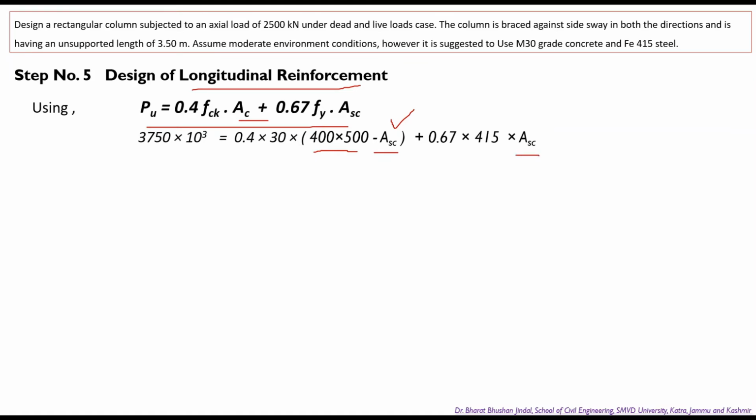By solving this particular equation, which is equation A, we can easily work out how much area of longitudinal steel is required, which can take this much load, 350 into 10 raised to power 3, that means 3750 kilonewton.